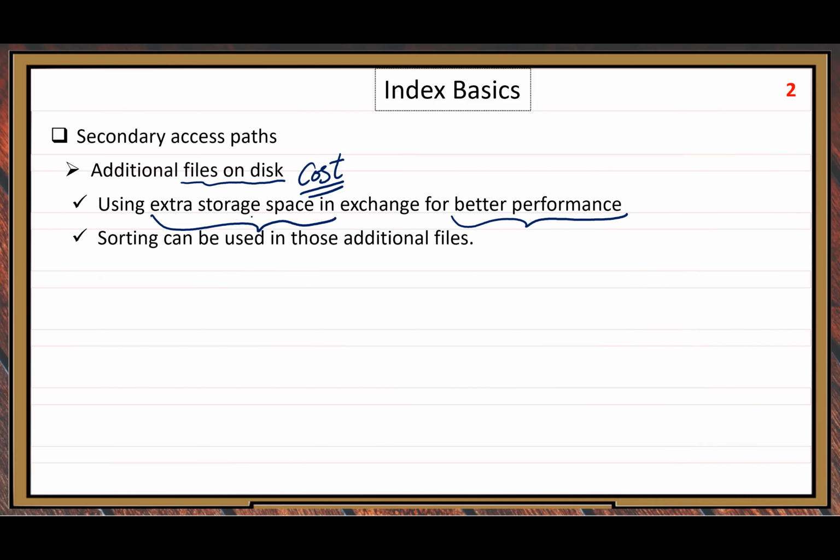Sorting can be used in those additional files. Sorting is the most frequent way we use to make our indexes. But there are some situations where you cannot apply sorting. Keep that in your mind.